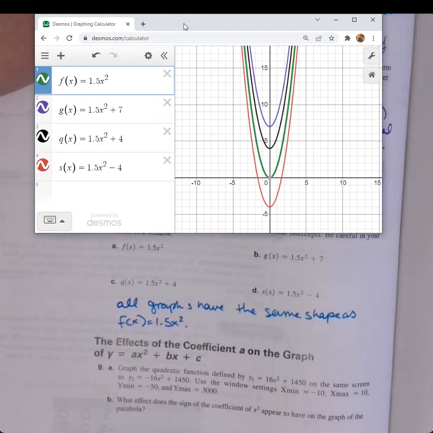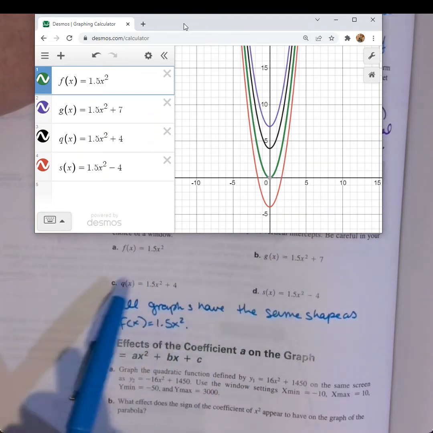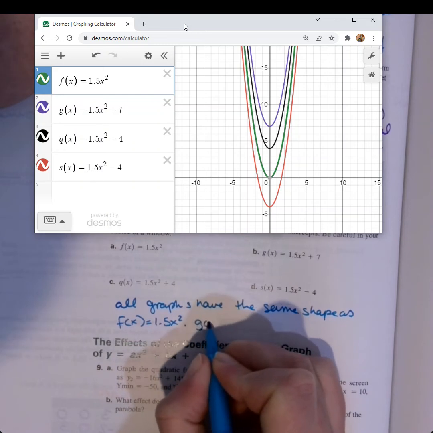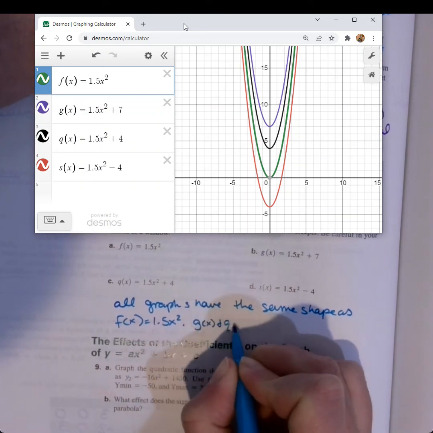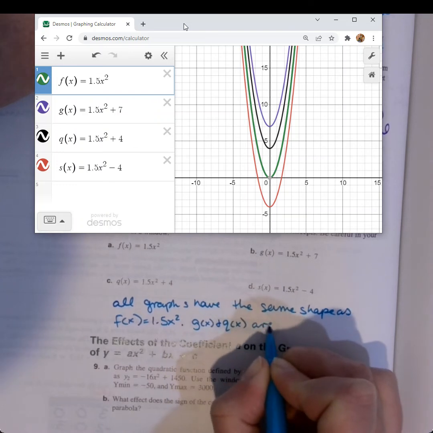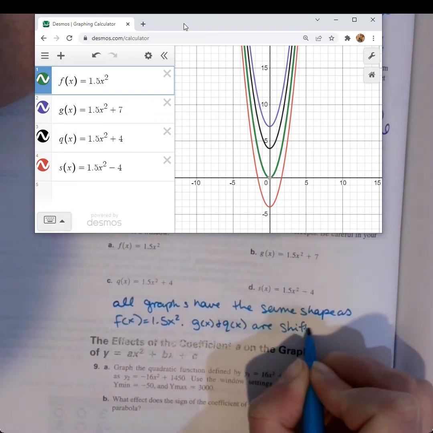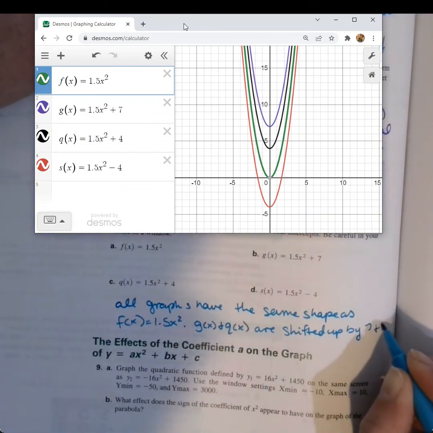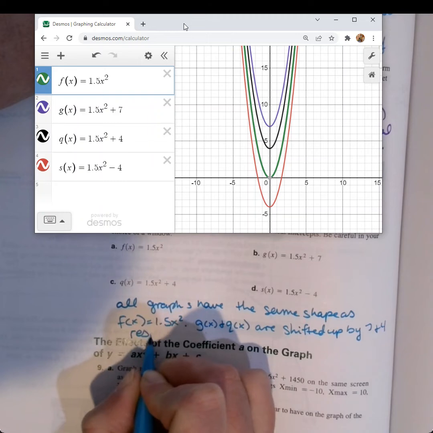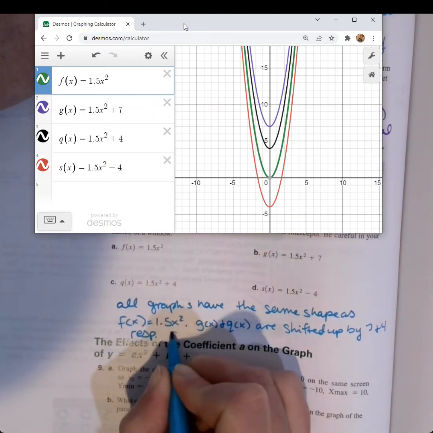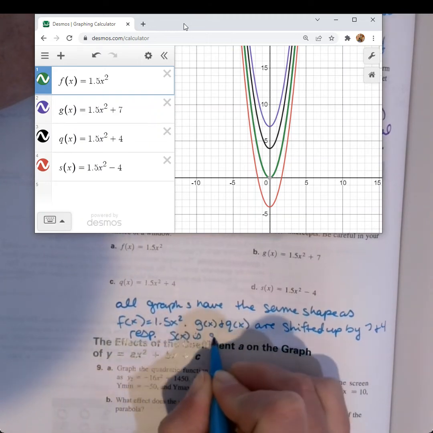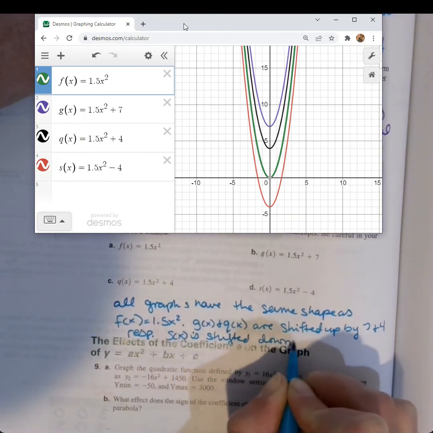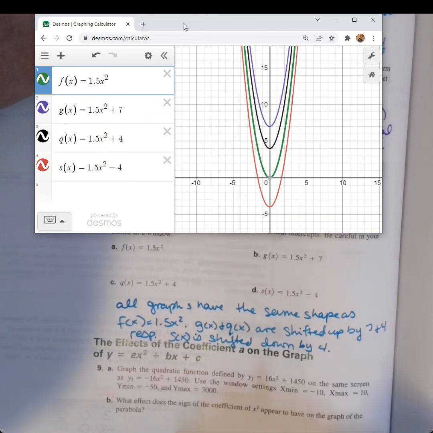And then parts B and C, b of x and q of x, are moved up by 7 and 4 respectively. And s of x is shifted down by 4. All of the same shape.